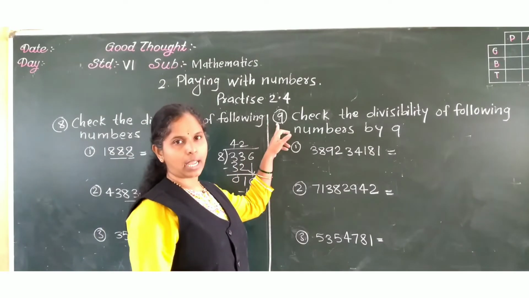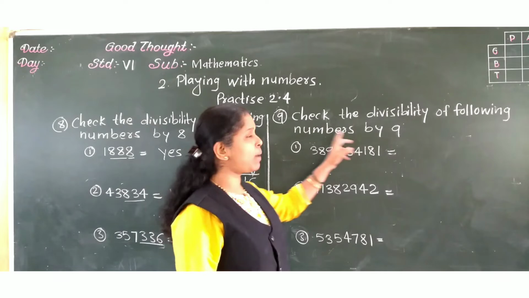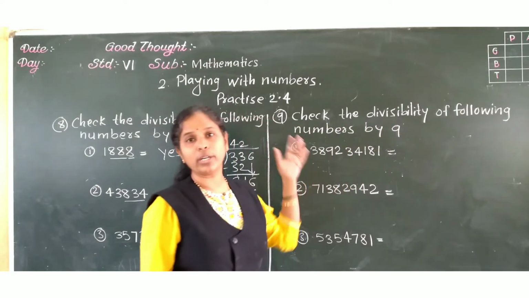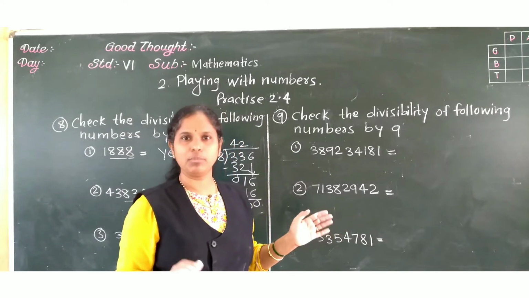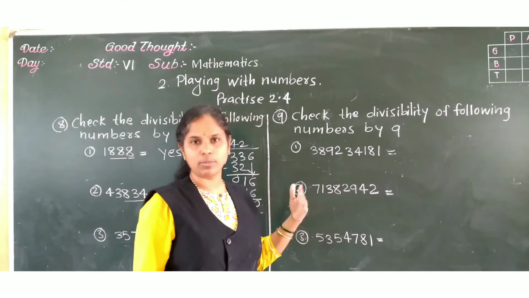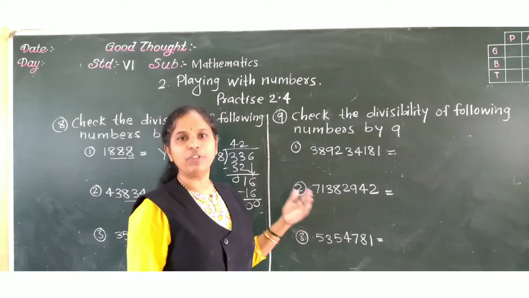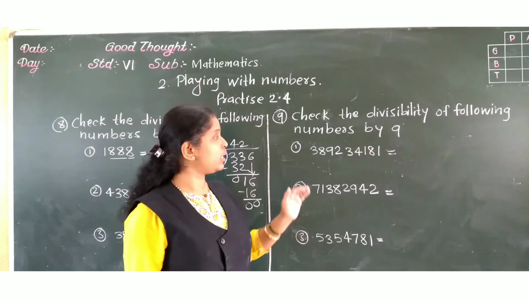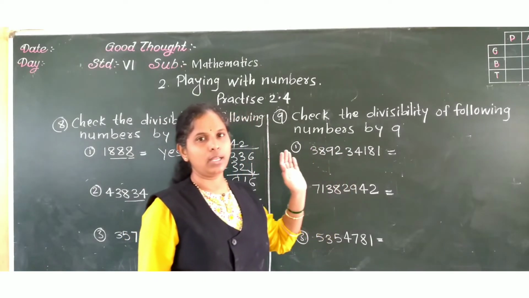Now, question number 9. Check the divisibility of the following numbers by 9. Now, what is the test for 9? It is the same as the test for 3. Means we have to add all the digits, and if the sum we get is divisible by 9, then the given number is also divisible by 9.